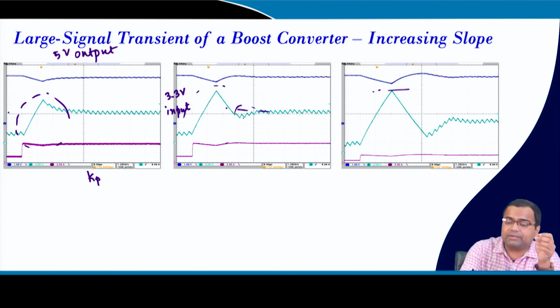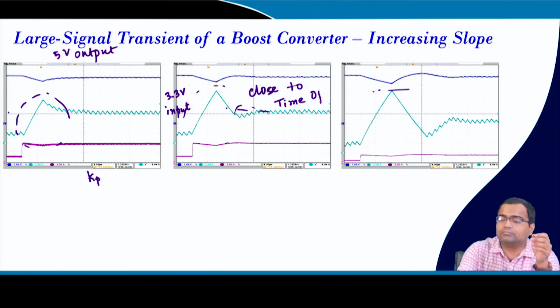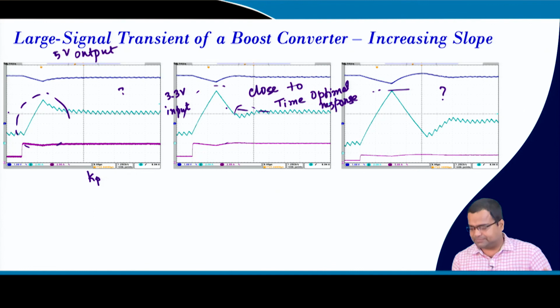So, this may be close to a time optimal response, and this, with an even higher value, is like an overdamped response.